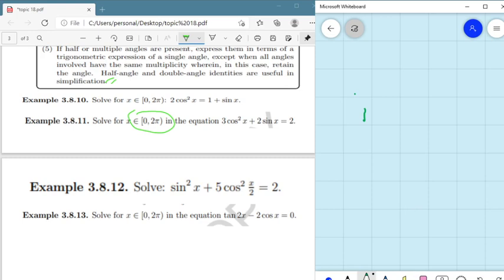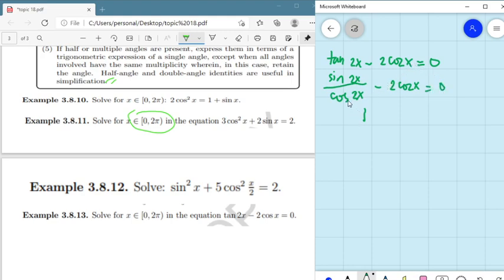Okay, so what we are going to do: given is tangent 2x minus 2 cosine x equals 0. So we need to express tangent in terms of sine and cosine. So it becomes sine 2x over cosine 2x minus 2 cosine x equals 0.